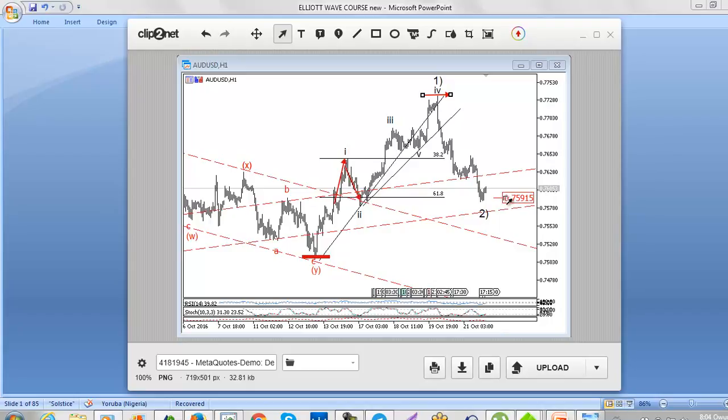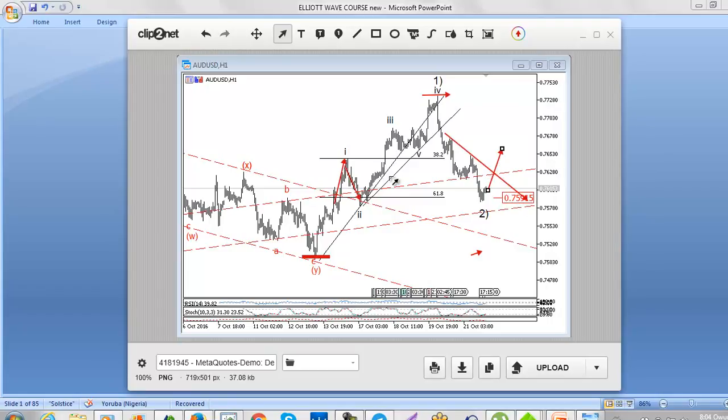But if otherwise price breaks below here and comes back around here, then there is a big possibility that the bearish move is going to continue, and then we have to look at what we have, and we're actually going to give you an update. But our preferred scenario is an ABC move here, and then the price is able to break above this line here upside.